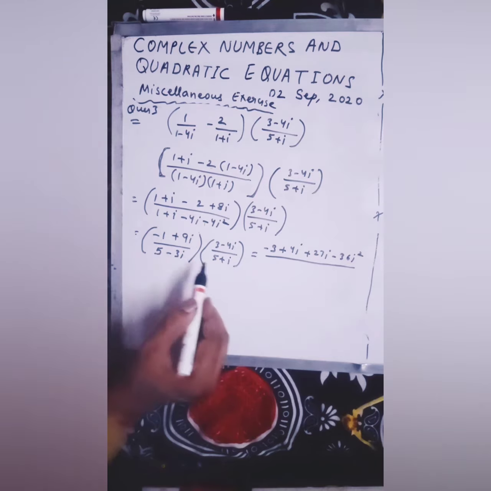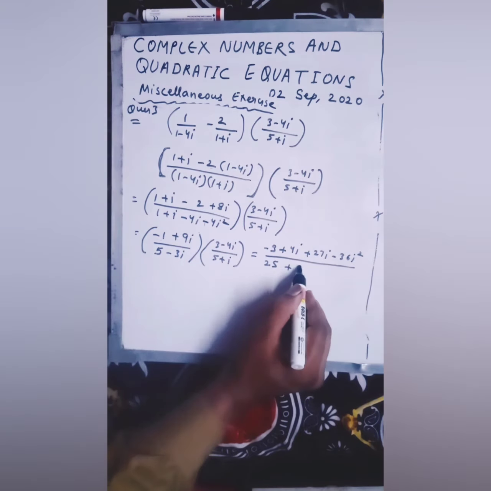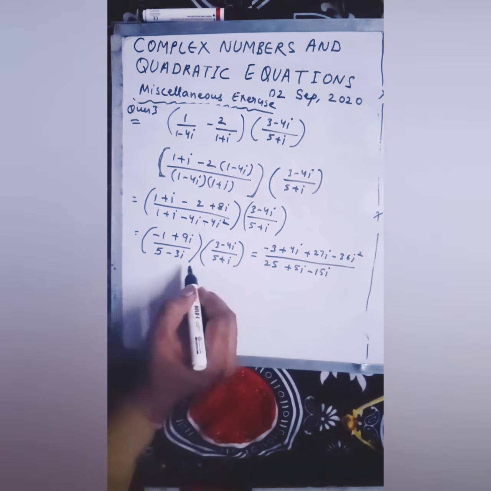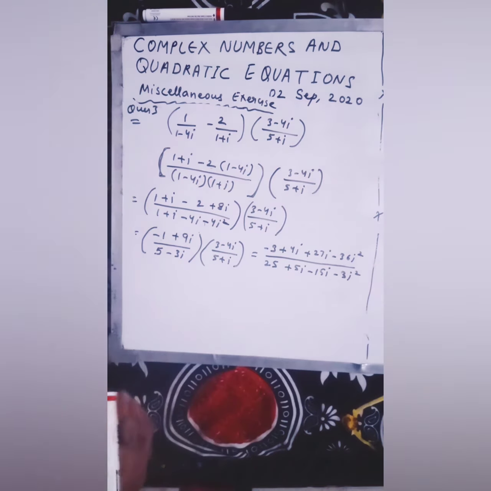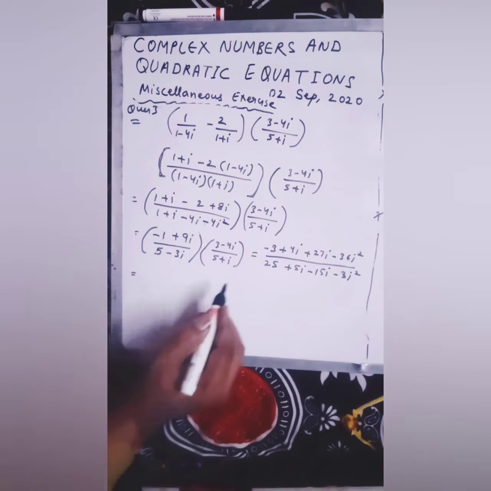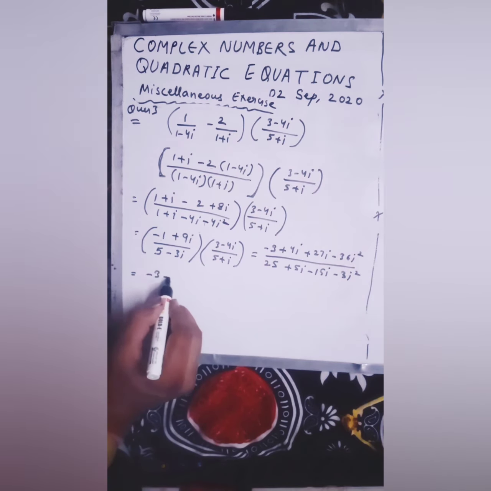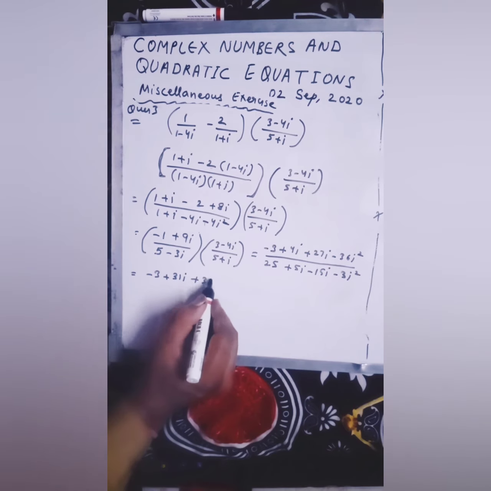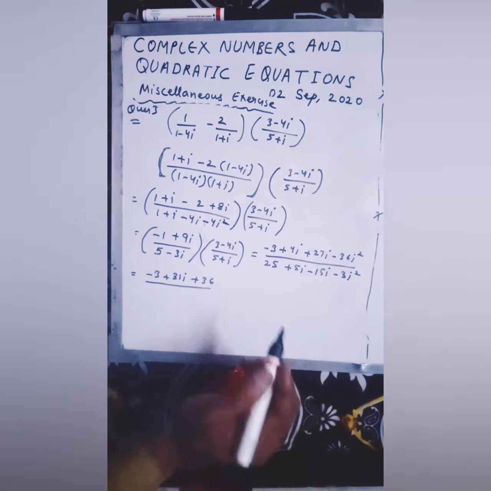Similarly 5 into 5 will be 25, 5 into iota is 5 iota, minus 15 iota and minus 3 iota square. After this it is minus 3 plus, this would be 31 iota and then plus 36, because iota square is minus 1, so minus minus would be plus.